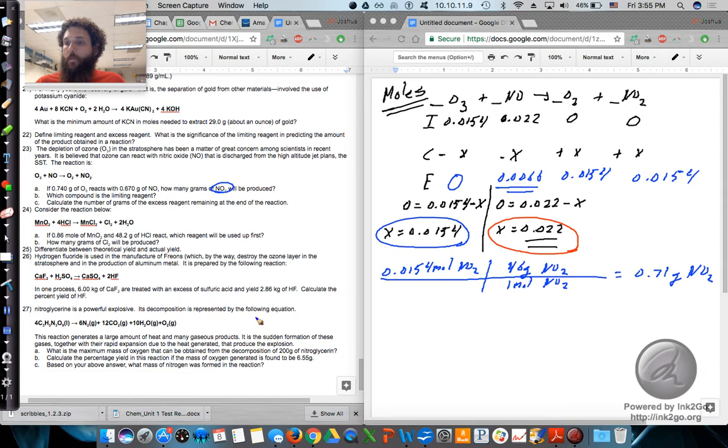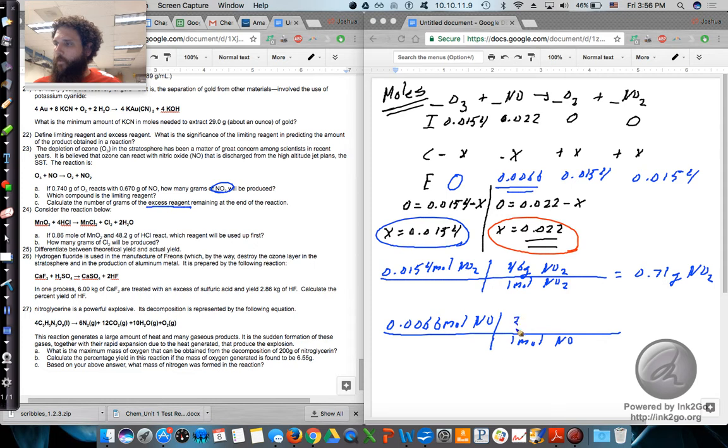And now we can do the same thing here for the next part. It says, calculate the mass of the excess reagent or the excess reactant. And we know this is the excess. We have moles of excess. So all we have to do is convert this into a mass. 0.0066 moles, times 30 grams per 1 mole.